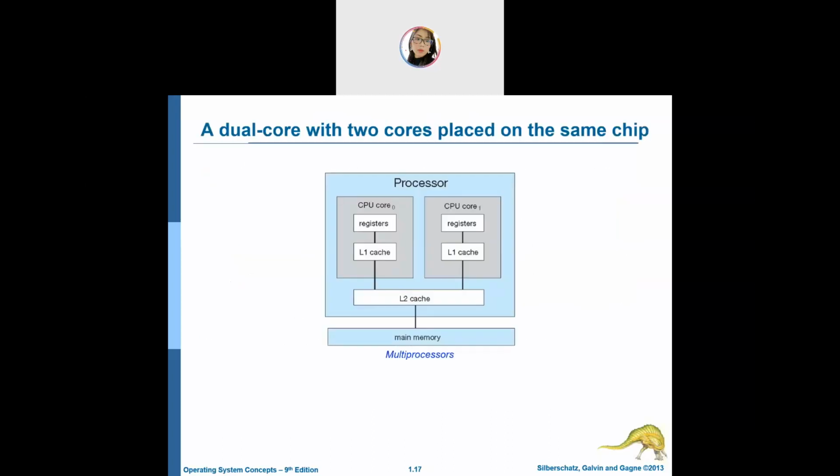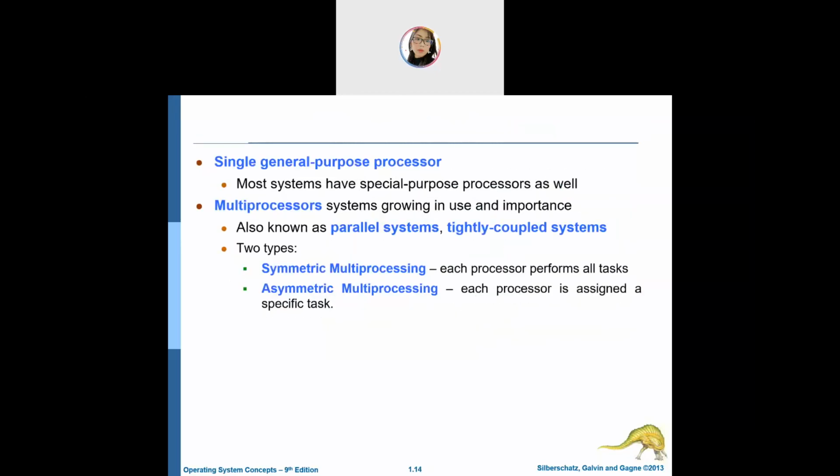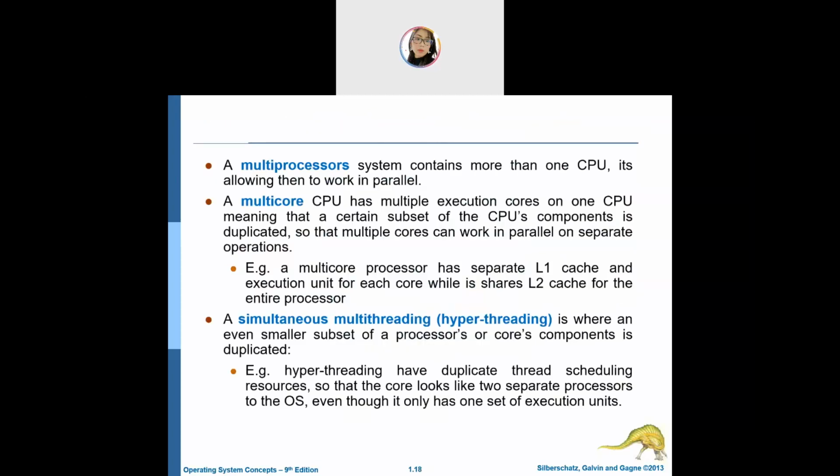Okay, that is a dual core, with 2 cores placed in the same chip. This is an example, similar also with here. And a multi-core processor, a multiprocessor, a multi-core here. Everything you already also looked into in your COA subject.